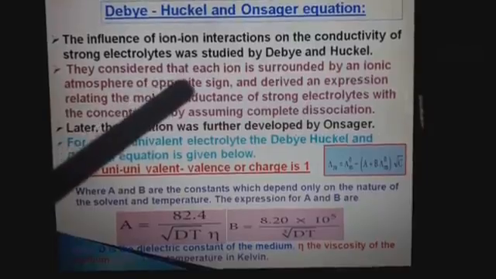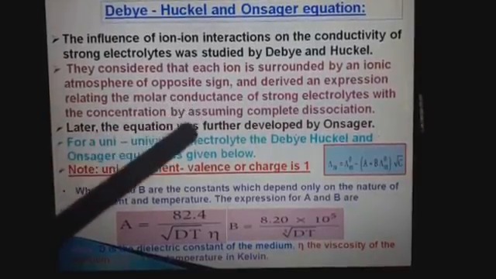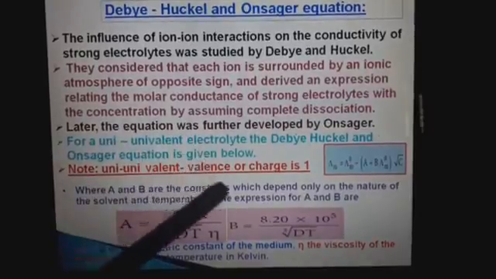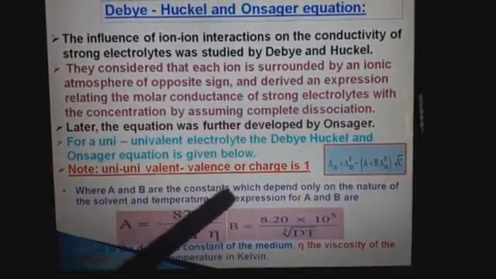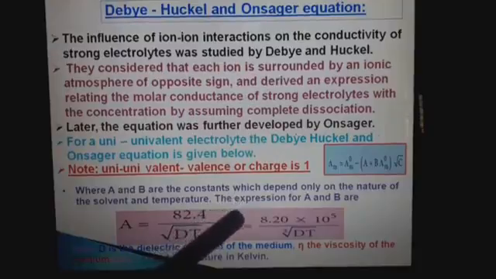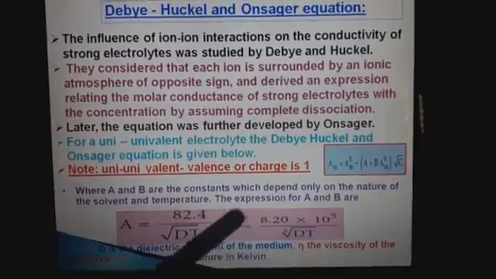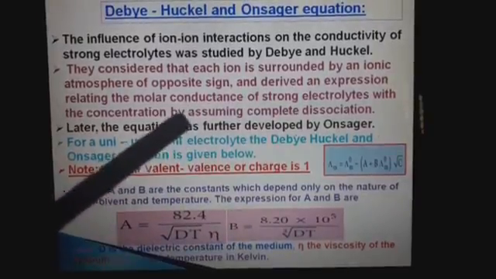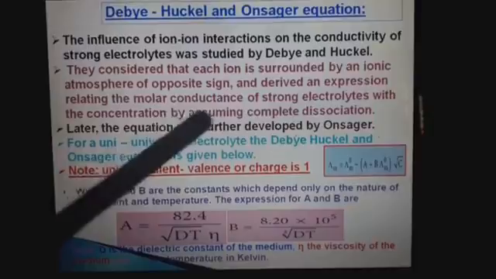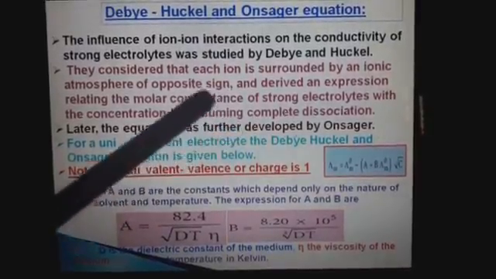He considered each ion surrounded by an ionic atmosphere of opposite sign. As I already told, one positive ion is surrounded by many negative ions, and one negative ion is surrounded by many positive ions, due to the attraction of opposite charges. So the molar conductance of the strong electrolyte varies with concentration, assuming complete dissociation.